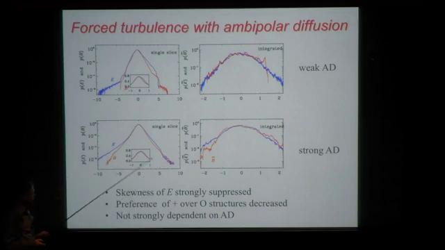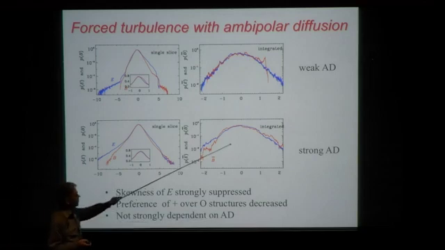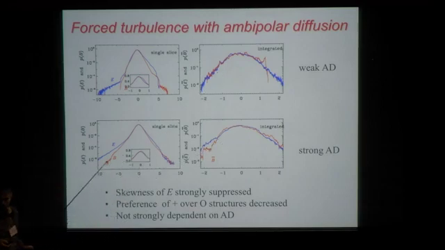The reason for this suppression of the E mode over B modes is perhaps that the preference of plus or cross-like structures over O-like structures becomes reduced due to the presence of random forcing. Ambipolar diffusion, on the other hand, comparing these two pictures, does not seem to give any systematic difference, as I was hoping to begin with.